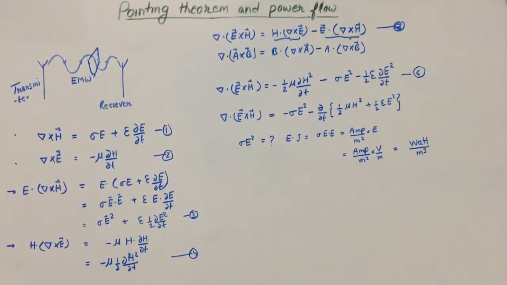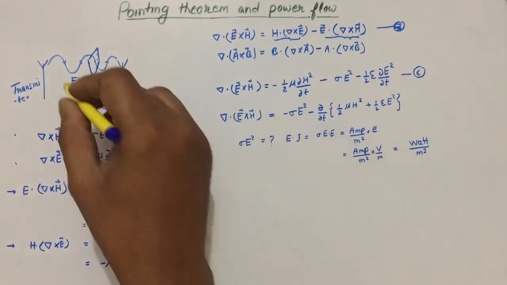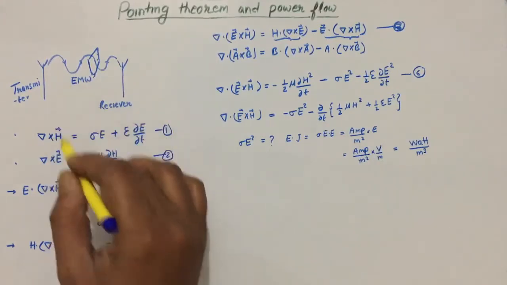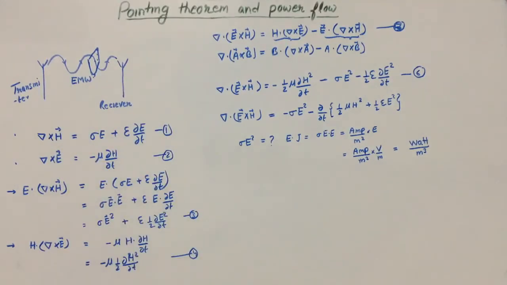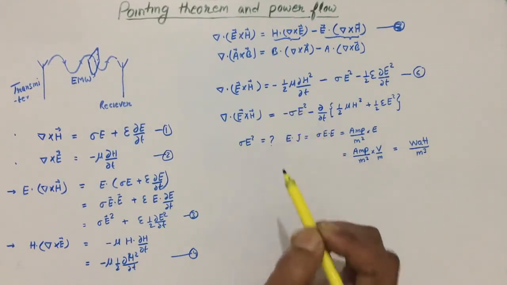What does it mean? This is the power density of this wave, which is governed by these equations. So we can say this is the power density of the wave.